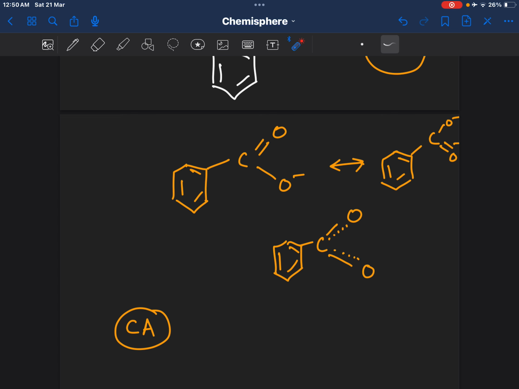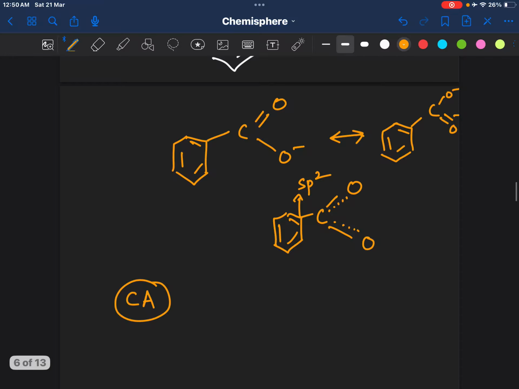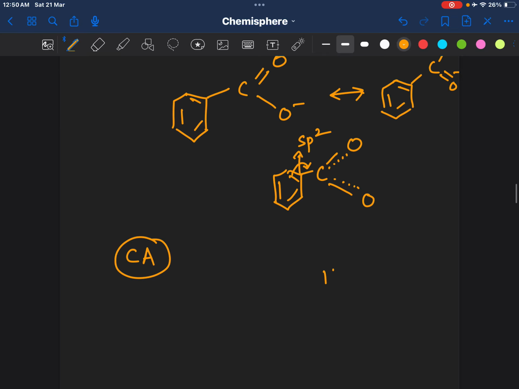So the sp2 hybridized carbon, as we have it here, reduces the electron density on the carbonyl carbon, but there is still some amount of plus R effect. Obviously we cannot neglect it. Obviously minus I dominates, but there is still some plus R effect to make it less acidic than HCOOH.